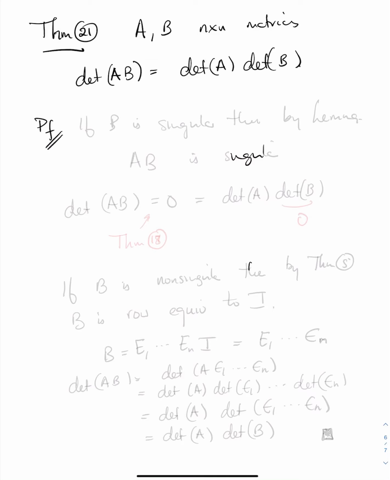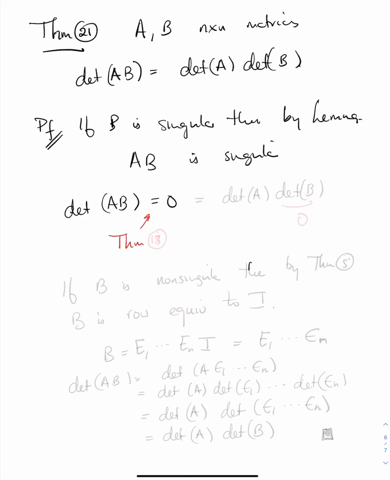Proof. Much like the last theorem, we're going to break this into two cases. If B is singular, then, by the lemma that you will prove, A times B is singular. So the determinant of AB is equal to 0. Why?